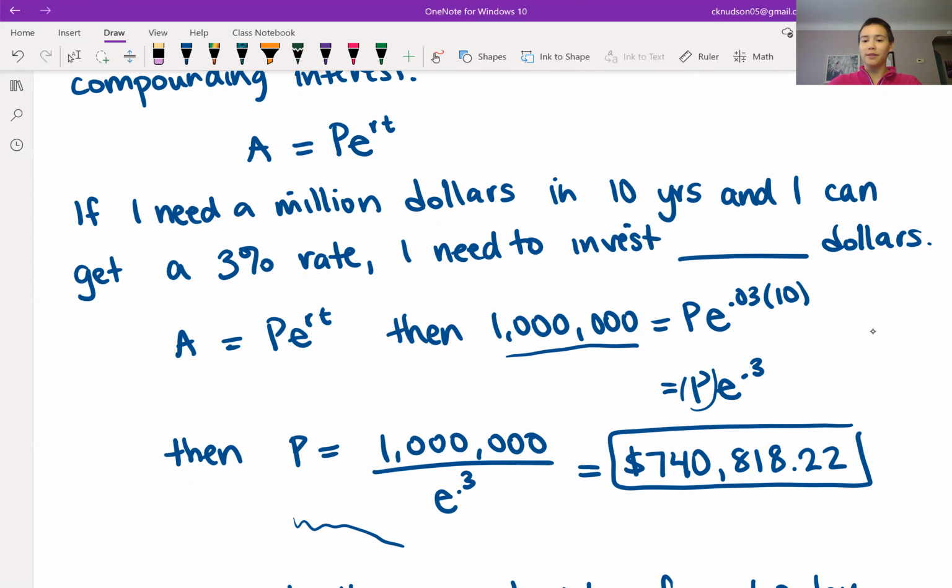All right, so we have seen how to find the so-called present value if I have some goal amount that I need to have in T years, or in this case, 10 years.